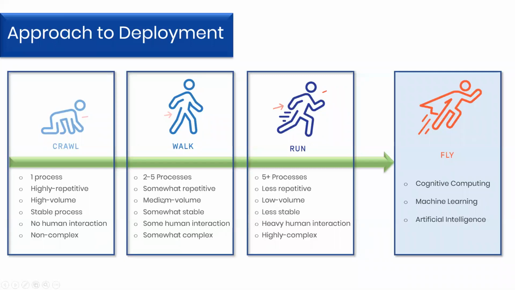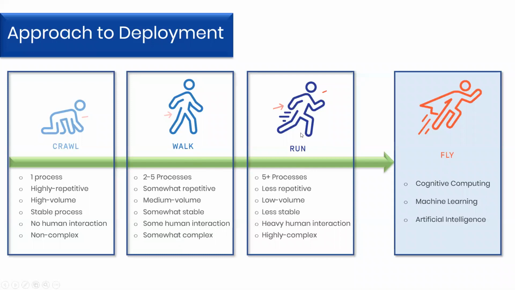So then when you get into your walk stage, now you're going to start automating 2 to 5 processes. You can start looking at tasks that are somewhat repetitive, maybe not high volume, but medium volume, and you get the idea. Eventually, when you've got 5, 10, 15 processes running, you're literally running.